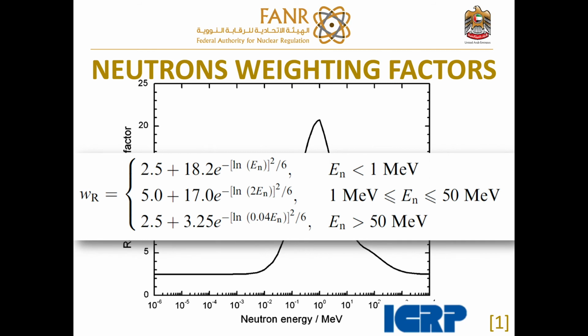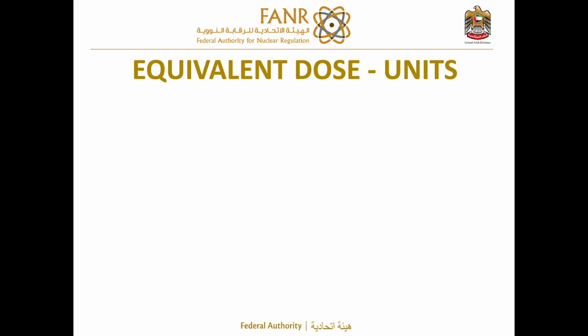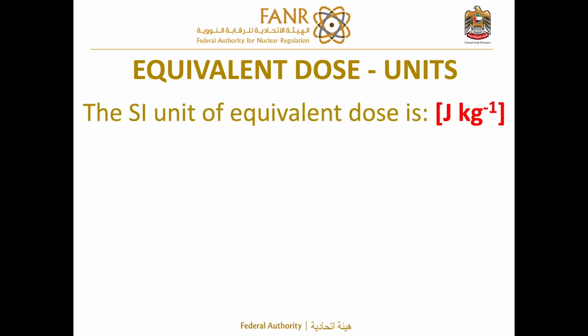There is also a mathematical expression for this curve, and this is the mathematical expression. It's not so important here for us, just to let you know that this exists and it is available if needed. The units. We have said that units here are energy over a mass.